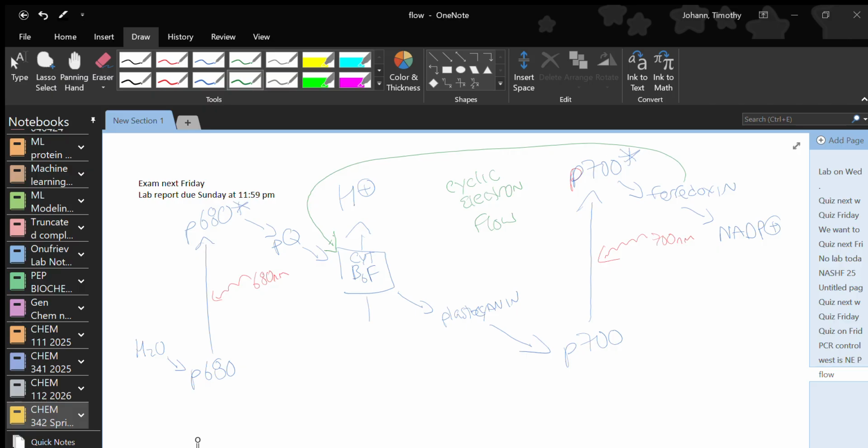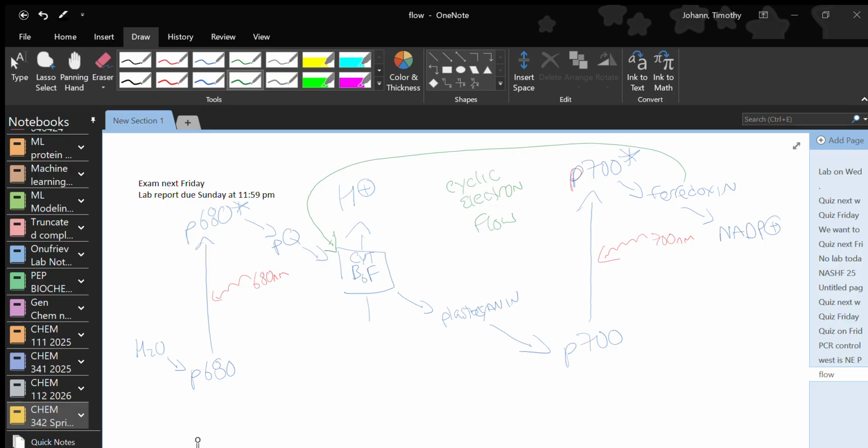So here, if we don't do cyclic electron flow, water's here. We're going to grab 2 electrons from a water. This is not a 2-electron process all the way through. Some of these things are 2 electrons, some of them are not. I'll divide this up in a second. But we pull from the water here. Pop the electrons up, they come down.